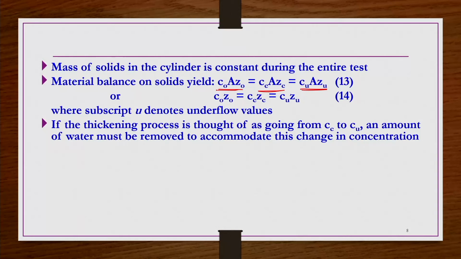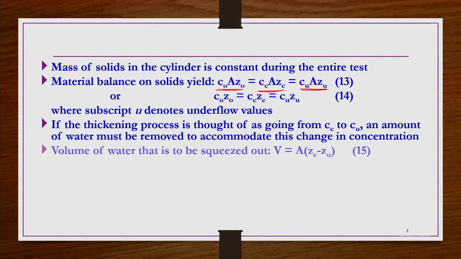If the thickening process is thought of as going from Cc to Cu, an amount of water must be removed to accommodate this change in concentration. So, what is that amount of water? The volume of water that is to be squeezed out is nothing but the cross-sectional area A multiplied by the height difference from Zc to Zu, that is Zc minus Zu.